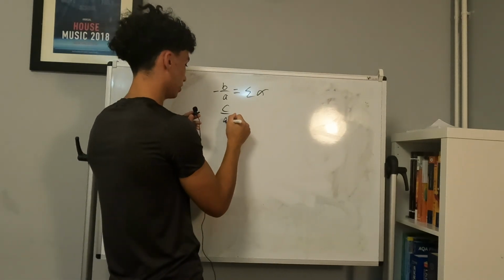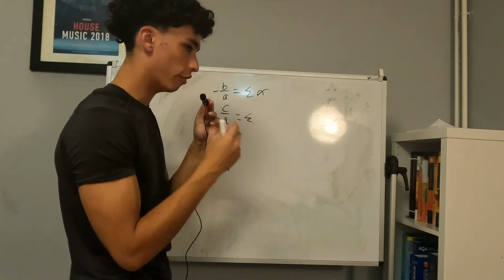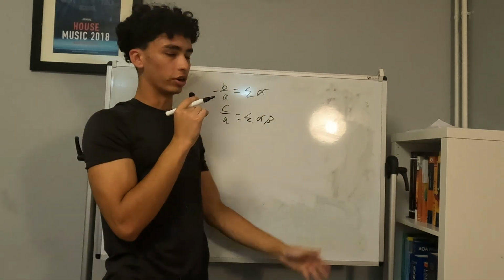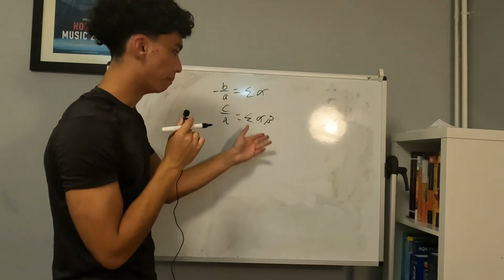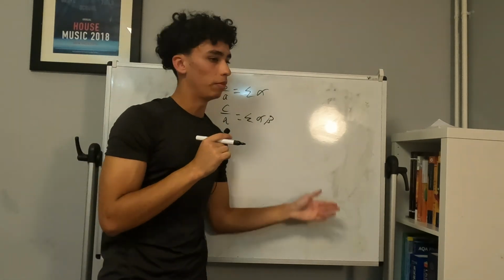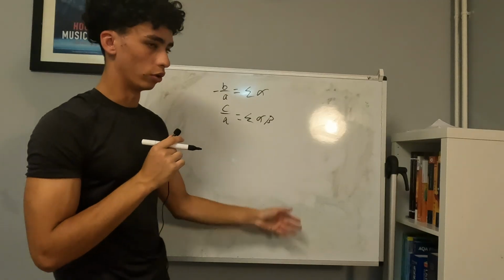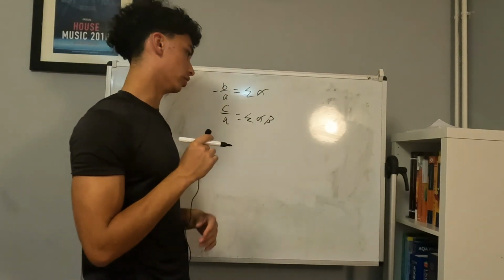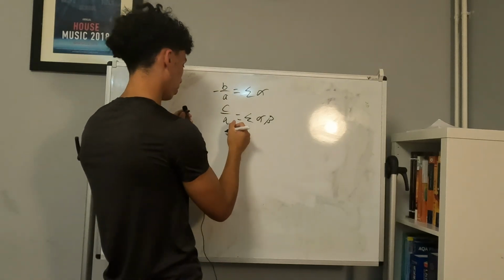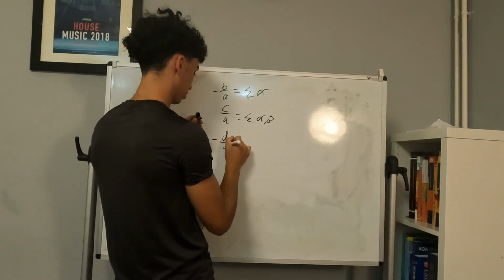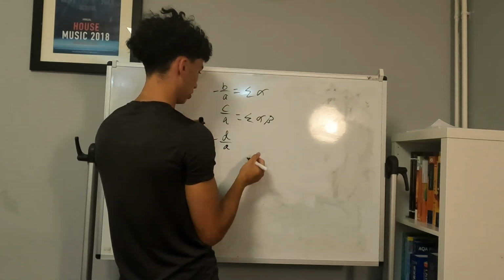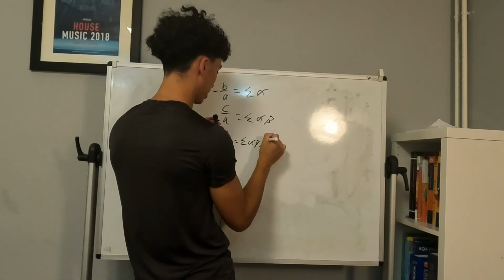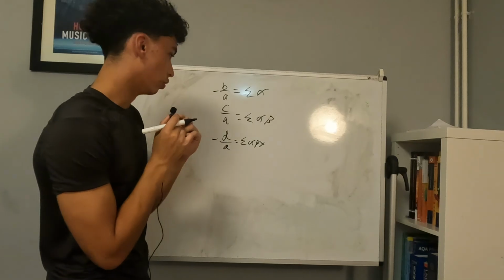c over a is going to be the sum of the pairs of roots, but for example, for a cubic equation, it will be alpha beta plus alpha gamma plus beta gamma. For quartic, it will be all that, but throw on a delta as well. Now, minus d over a is going to be equal to the sum of the triple products.